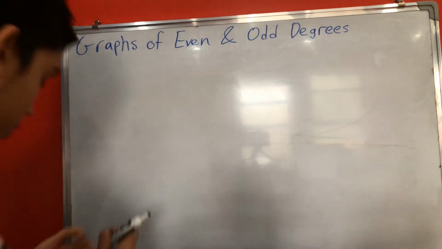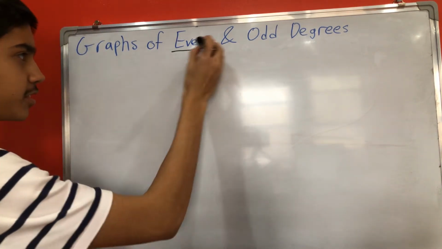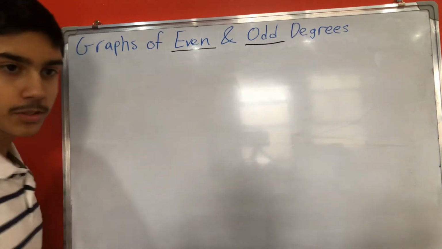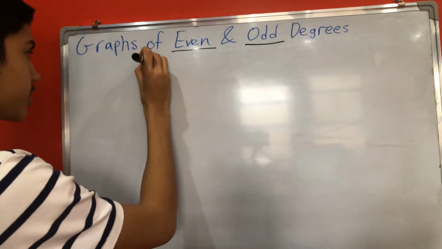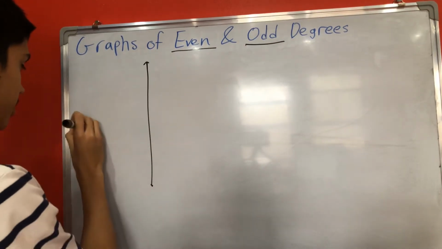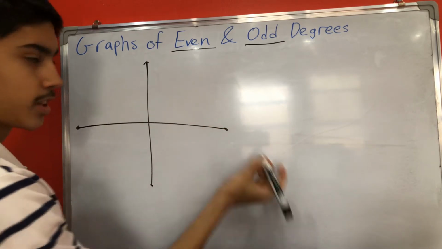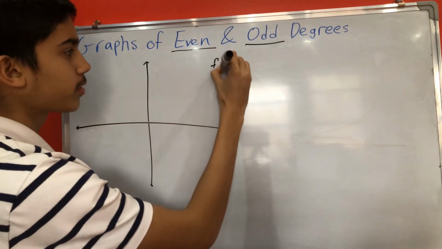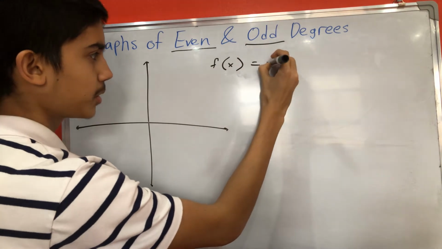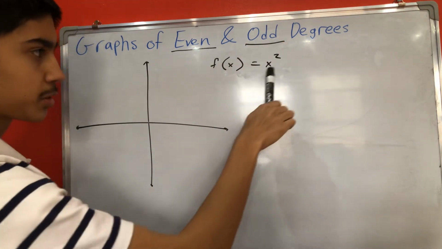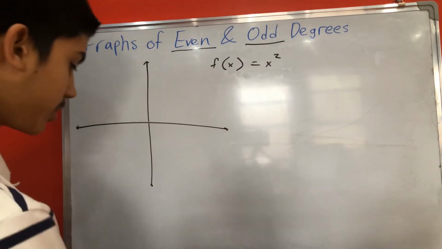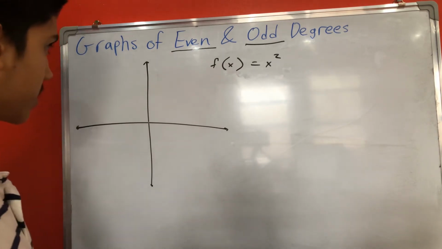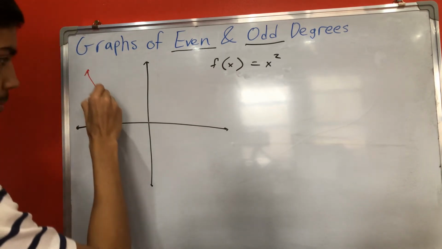So let's talk about the graphs for even degrees and odd degrees. Let's say we have a function f of x, and let it be x squared. So x squared, this is even degree. When we graph it, we'll see that it's going to be a happy face.